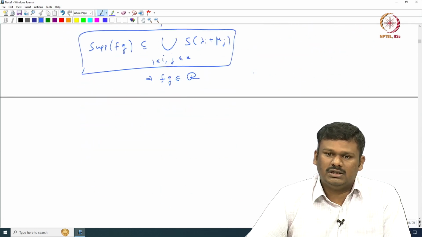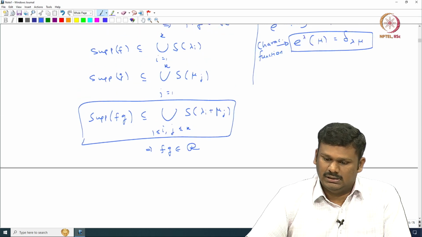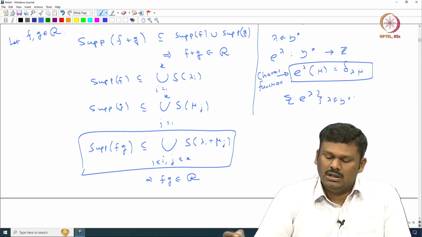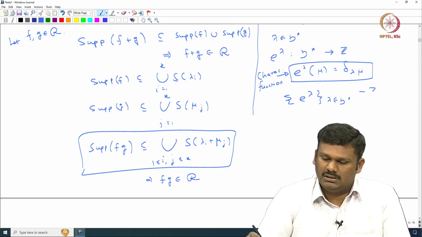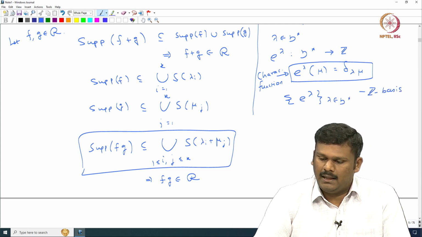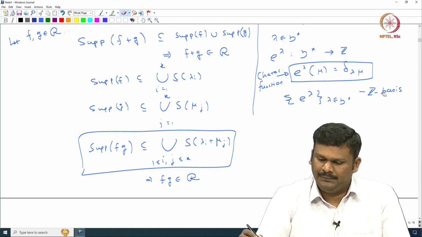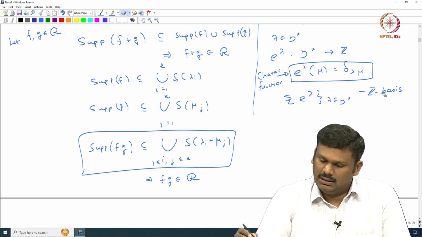Now if you vary over this lambda, it is easy to see that e power lambda, lambda from H star, will form a Z basis. I am actually not saying this correctly. We do not want a Z basis for everything. It will form a Z basis only for the characters whose support is finite.